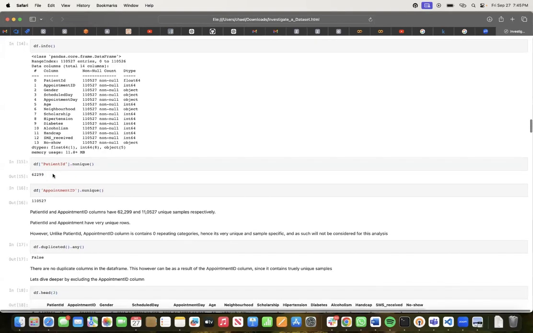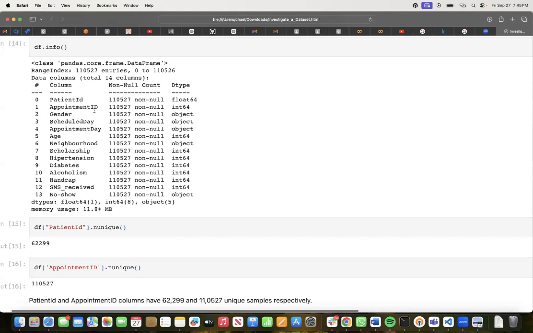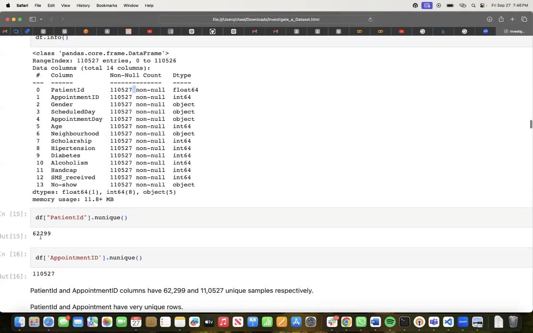Now this is questionable because originally we have 110,527 samples in our data set. Patient ID is also this number. But the unique number of patients that we have is 62,299. What do you think is happening here? Does anyone understand this and can contribute?